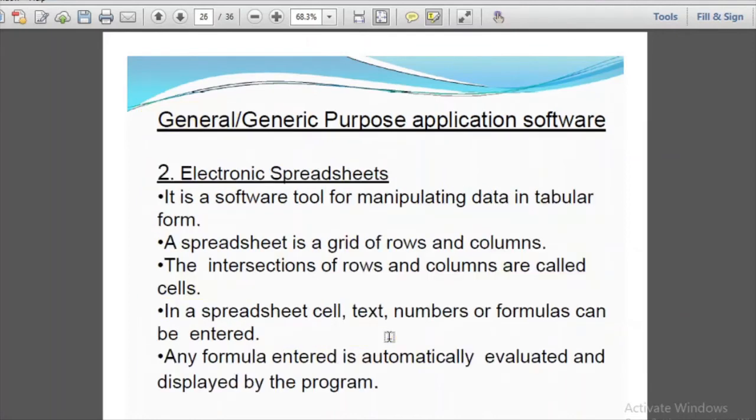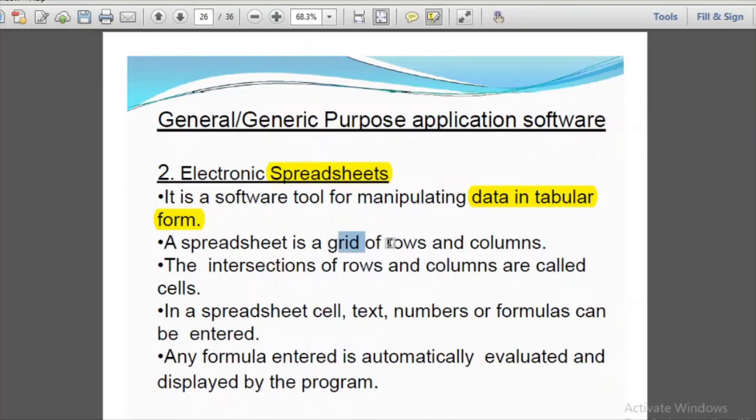with these word processors. Next are electronic spreadsheets. The best example of a spreadsheet is MS Excel, which you must have used in your junior classes. It is a software tool for manipulating data in tabular form. अगर मुझे कोई भी अपना data in a tabular form relate करना है or save करना है, then I can use spreadsheets.